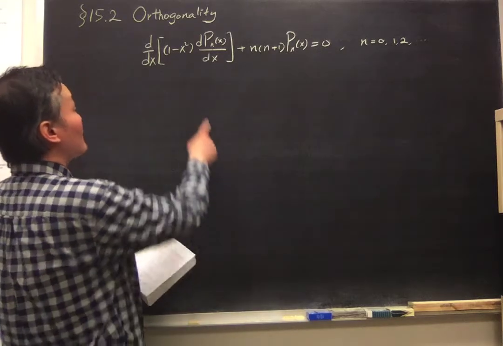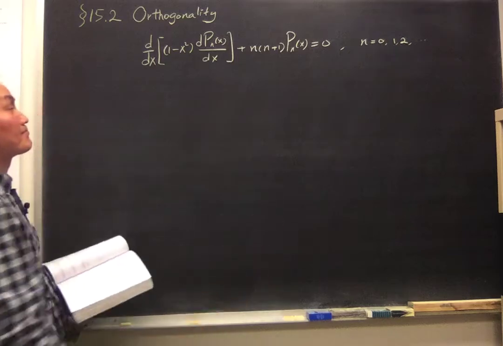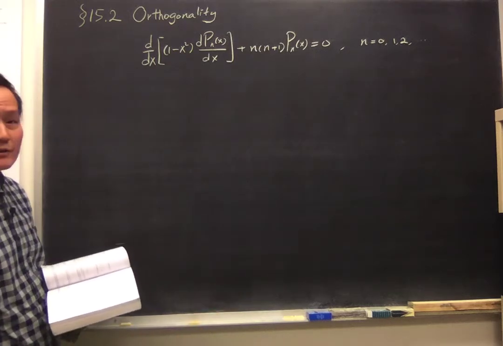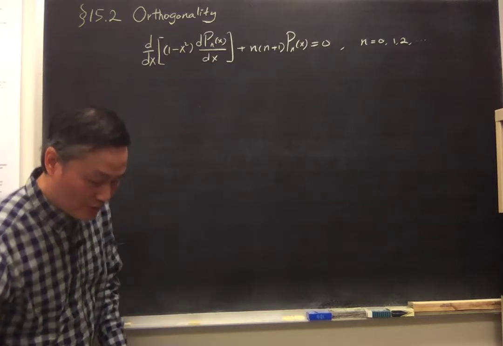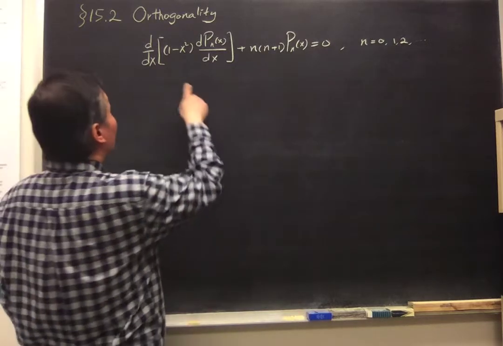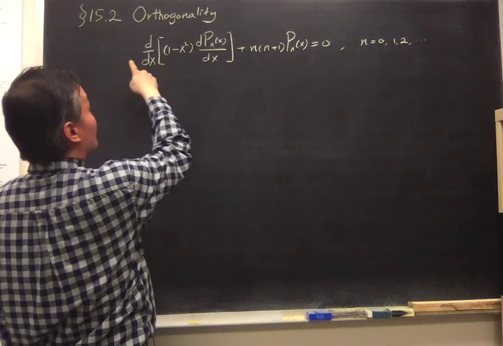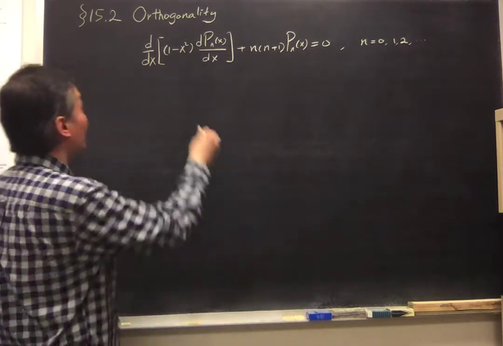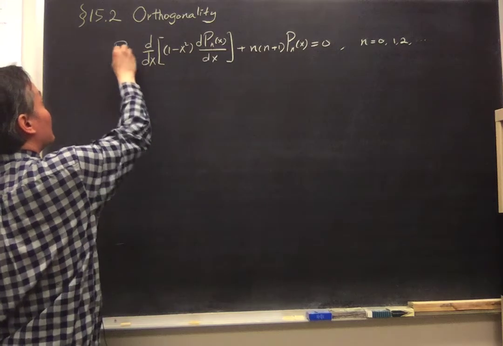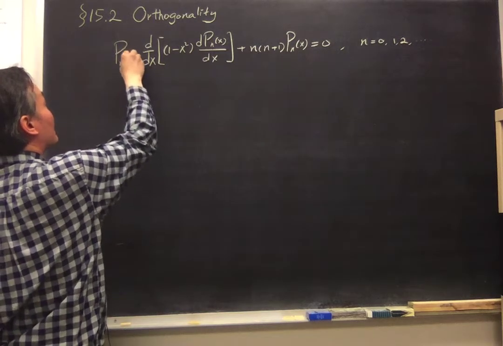We start with the Legendre equation. What we will do is multiply the equation by another Legendre polynomial, P sub m of x.